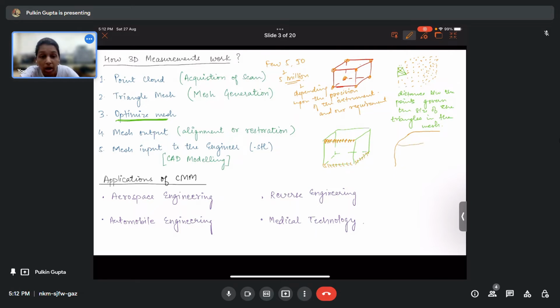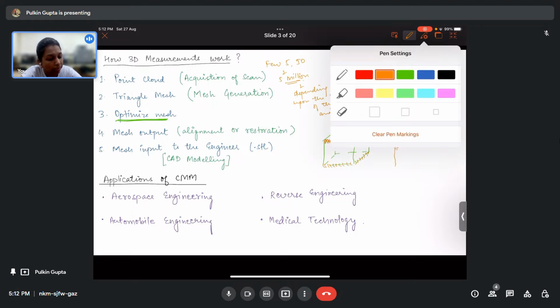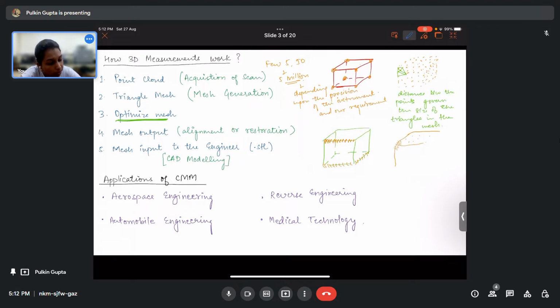So in this area you need closer data points, and in this area farther data points will also do the job. So you require a very small size mesh here to have a better approximation of the geometry.